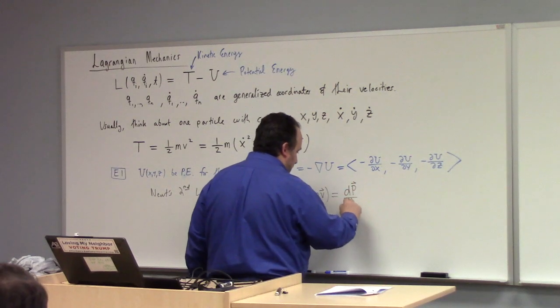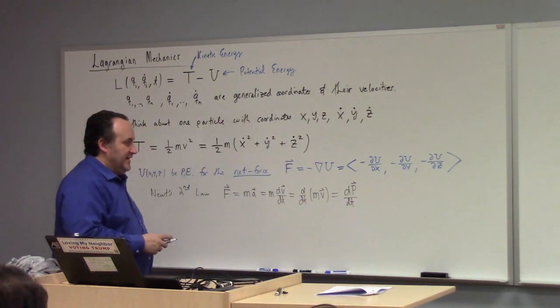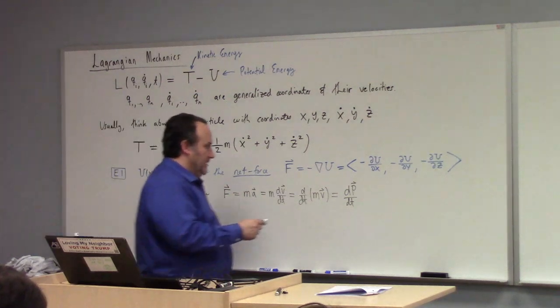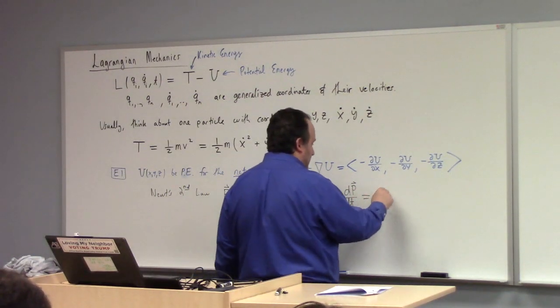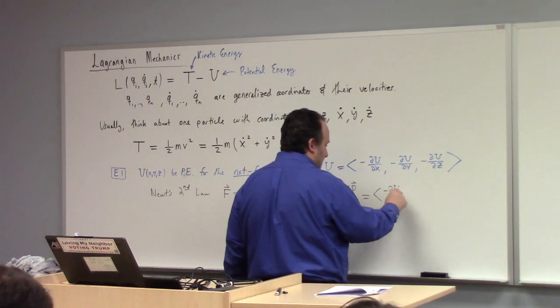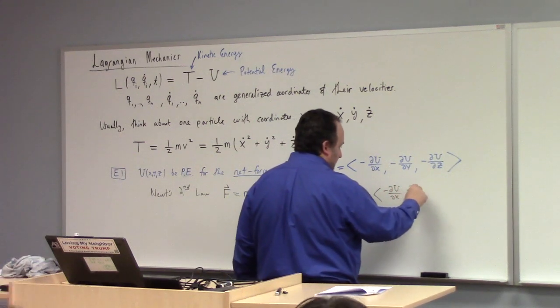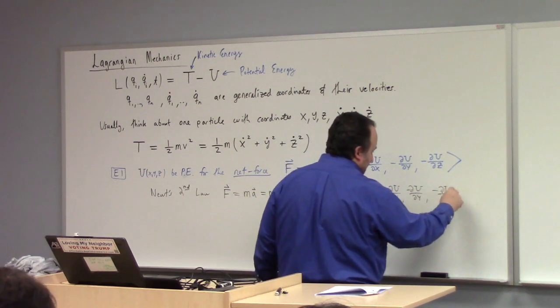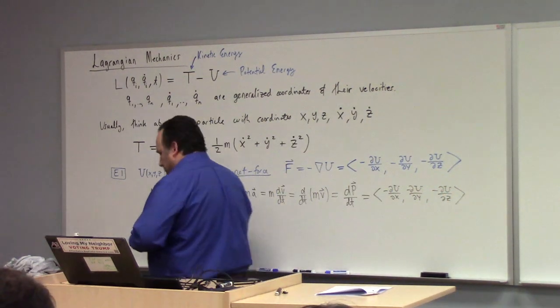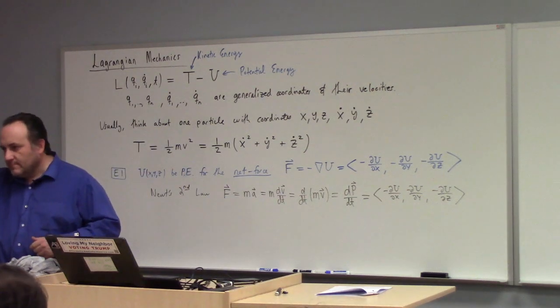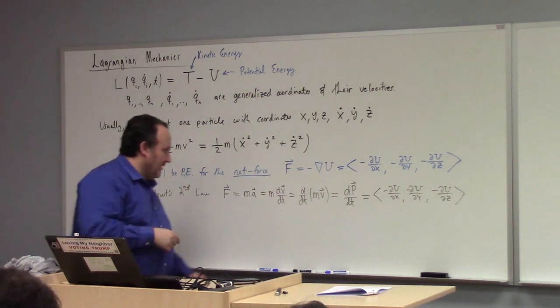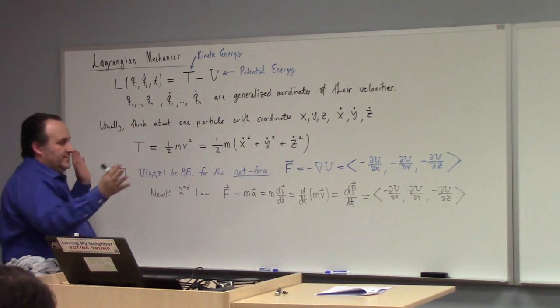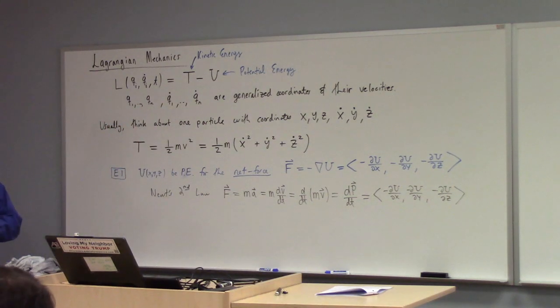Time rate change of the momentum. So the time rate change of momentum is going to be equal to minus the gradient of the potential energy function, right? So these are Newton's equations, maybe not how you're used to seeing them, but that's what they are.